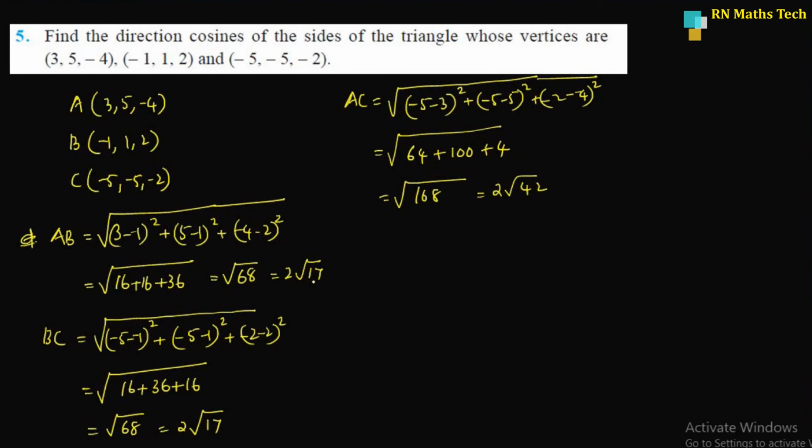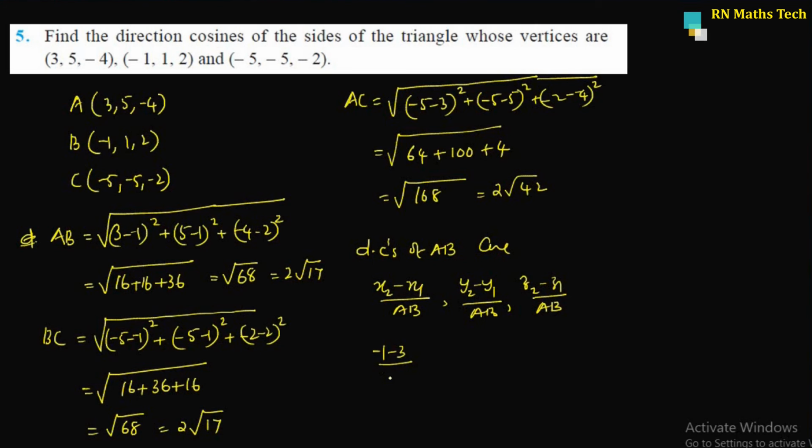Now direction cosines of AB. Direction cosines of AB are x2 minus x1 by distance, y2 minus y1 by AB, z2 minus z1 by AB. So that is minus 1 minus 3 by 2 root 17, 1 minus 5 by 2 root 17, 2 plus 4 by 2 root 17.